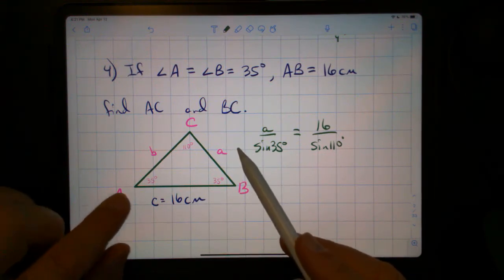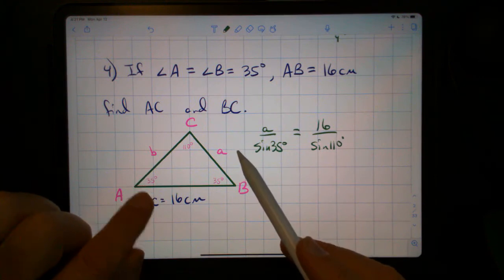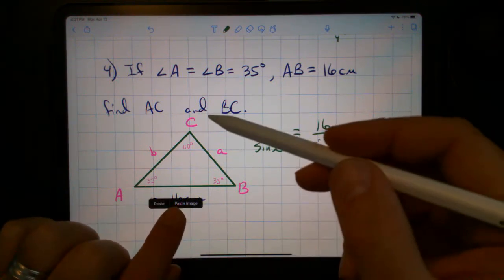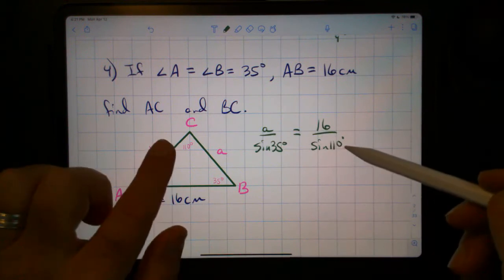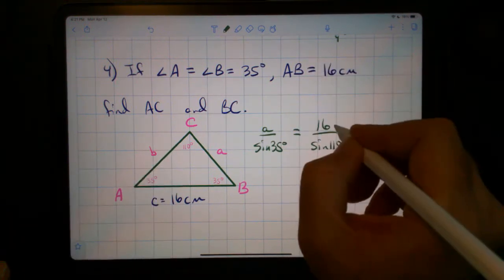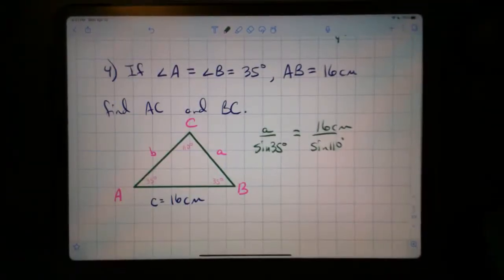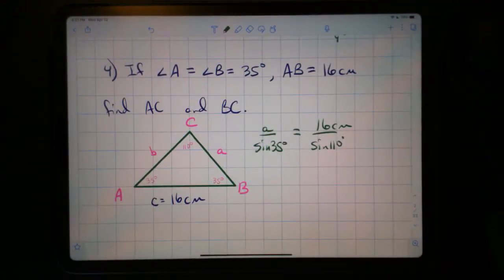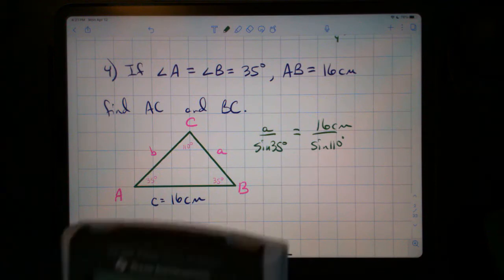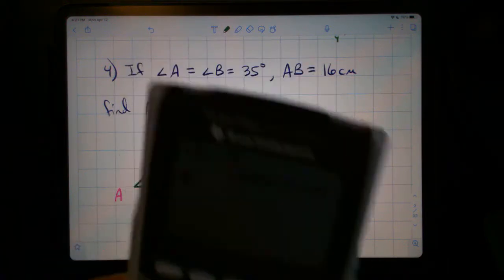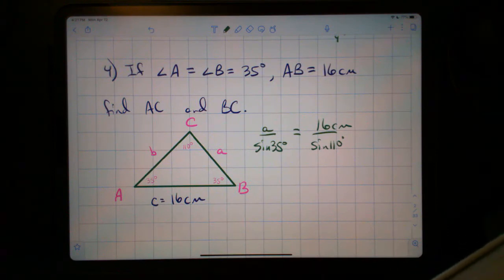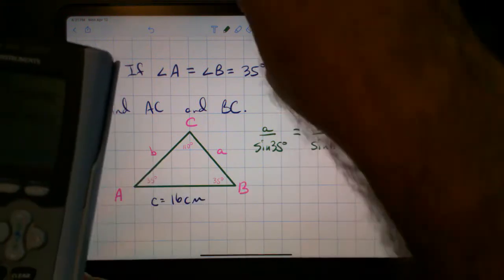So we have a divided by sine of A is equal to 16 divided by sine of 110. I guess I can use proper units here. My calculator is in the correct mode. I get 9.78.